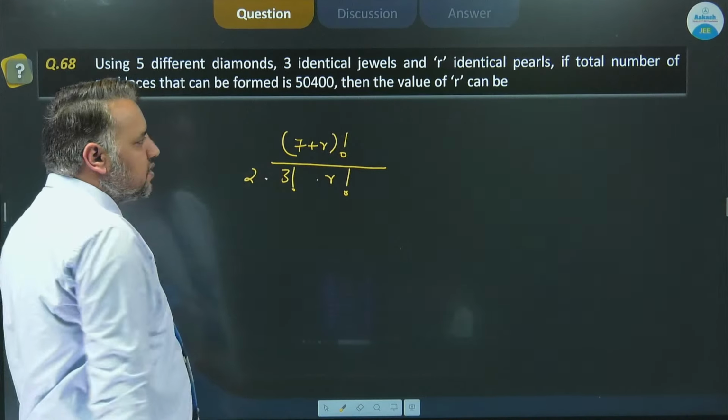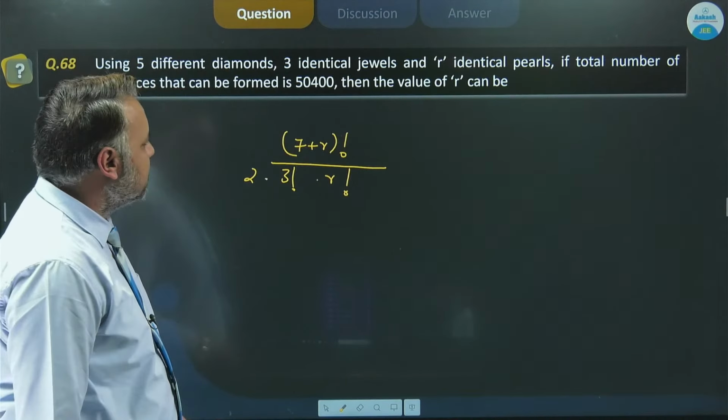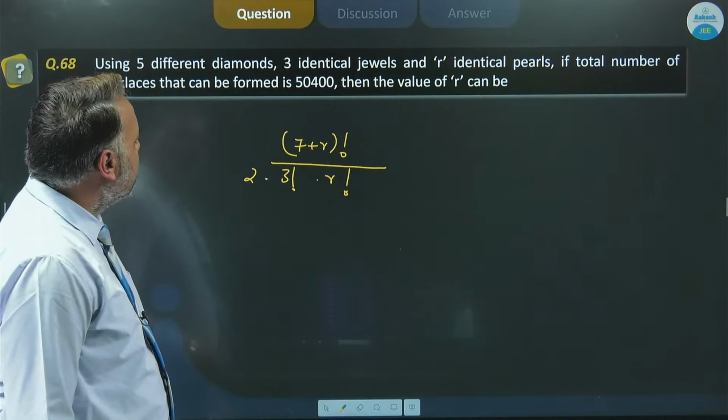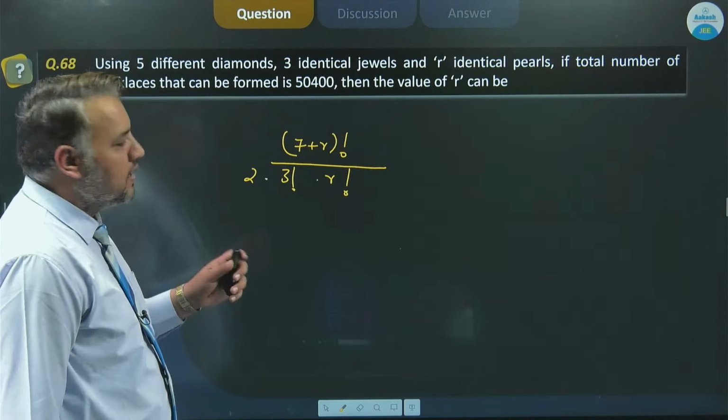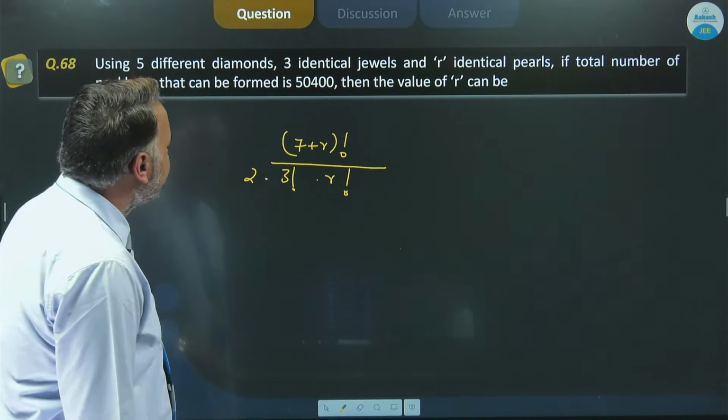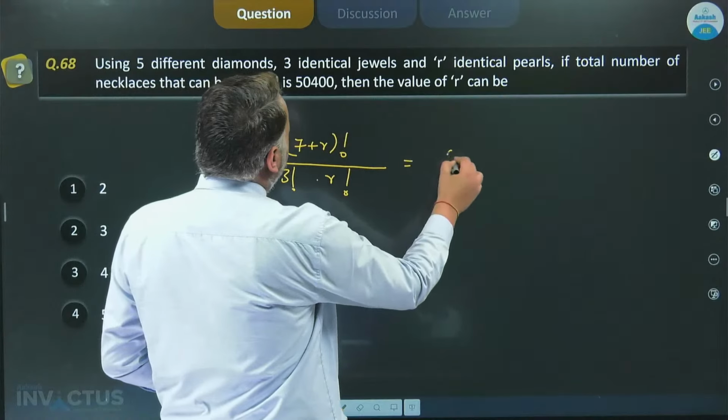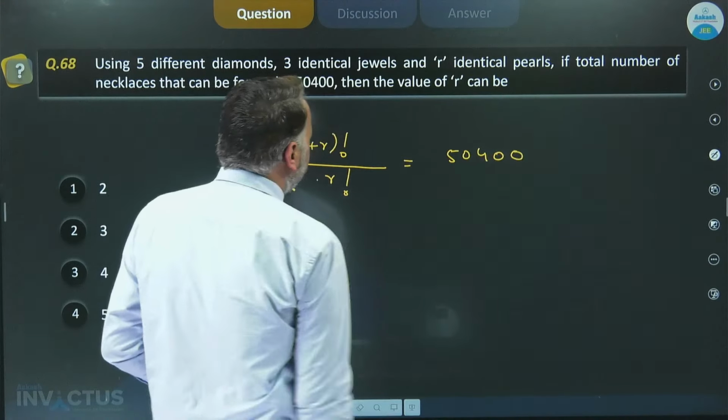Divide by 2, because the question is for necklaces, so we have to avoid clockwise and anti-clockwise senses. So this value is given as 50400. Now we have to comment on R.